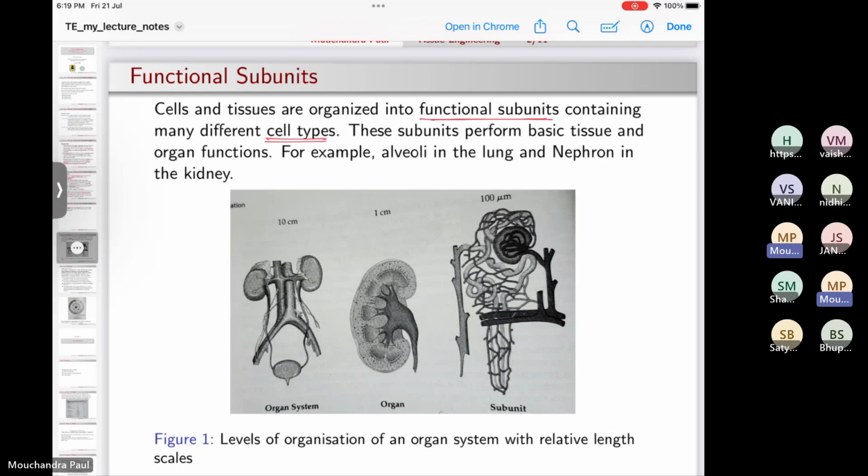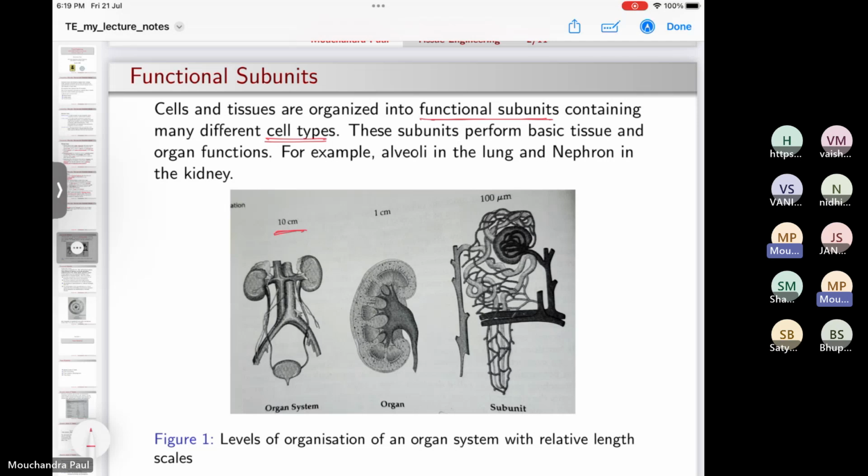That is why if you see the organ system, the urinary organ system that is responsible for filtering our blood, if this organ system is of size say 10 centimeters, then each organ is 1 centimeter, an order of magnitude smaller.